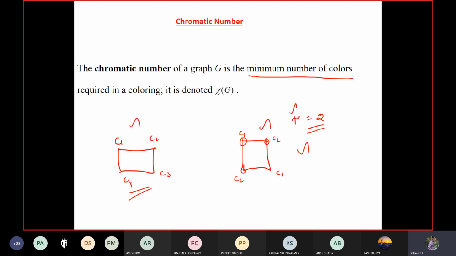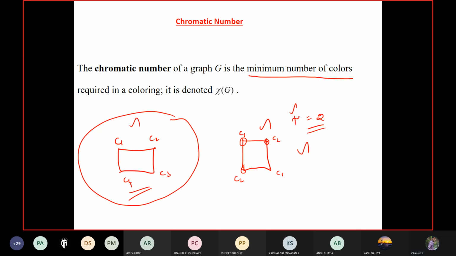Chromatic means your ultimate aim is to reduce the number of colors. But in this graph, I didn't apply the property of reducing the number of colors. I assigned randomly, but the original chromatic number of this C4 is actually 2, and I have used 4 here. Certainly it does not come under chromatic.